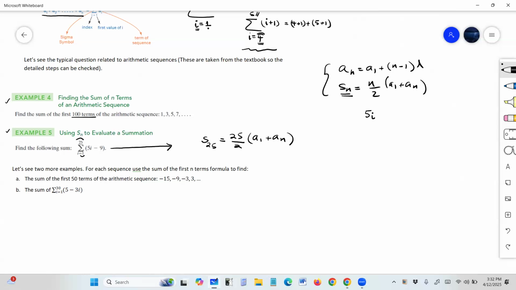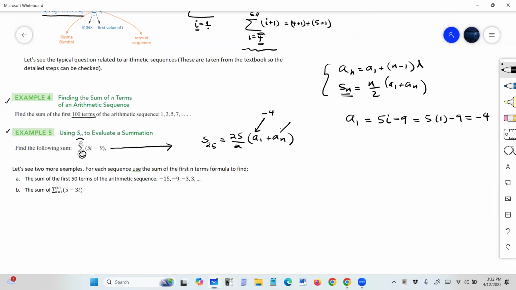The sequence is 5i minus 9, and we're going to start at 1. So A1 would be 5i minus 9 when i is 1. So that is 5 minus 9, which is negative 4.